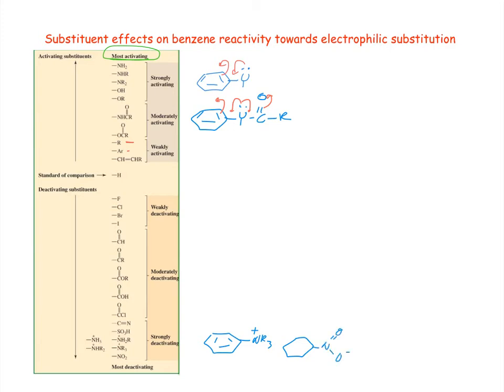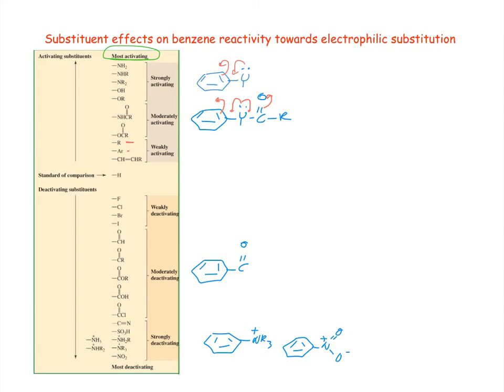So the nitro group also has a plus on that position. And then we also include in here a sulfonic acid and even a nitrile. And then the moderately deactivating are all the ones with carbonyl groups. And then weakly deactivating are the halogens.